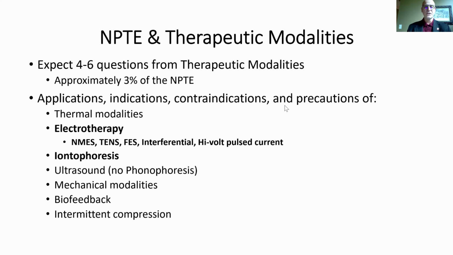What we're going to concentrate on tonight is electrotherapy and iontophoresis. And so that's where we will spend our time. Understand that phonophoresis is not something you really should spend time on when preparing for the exam because that has received such a low level of importance.